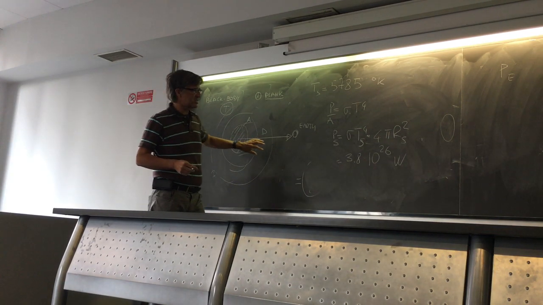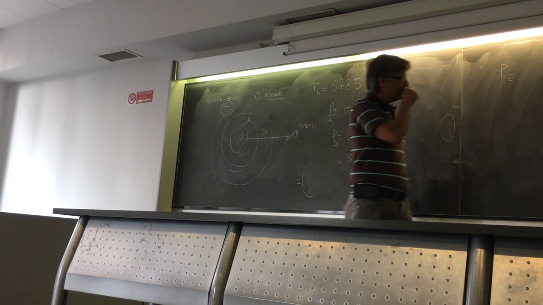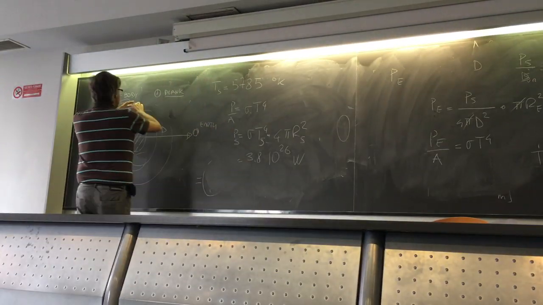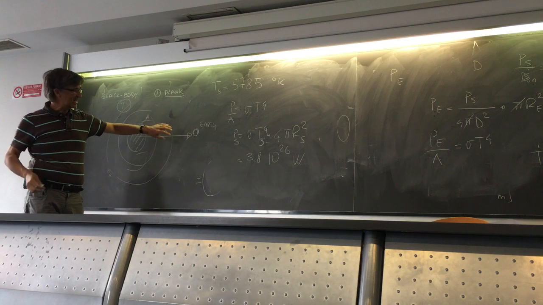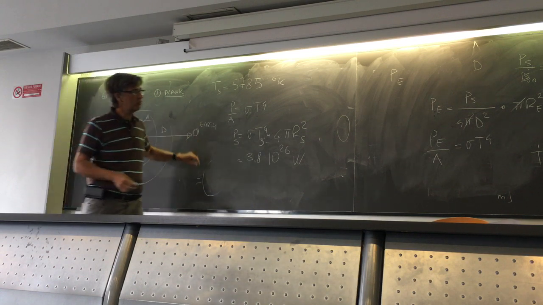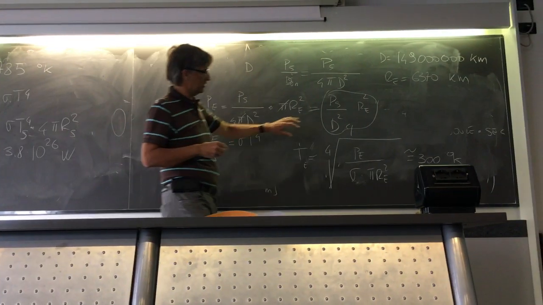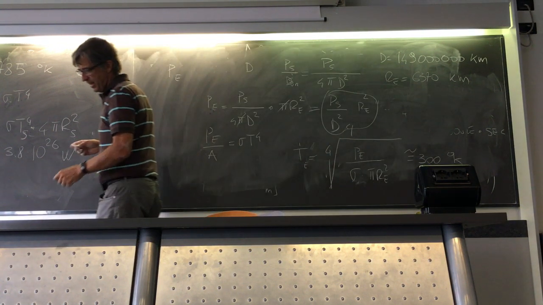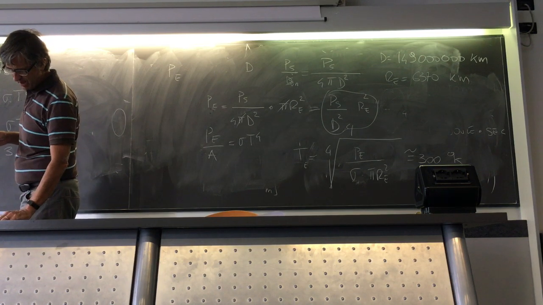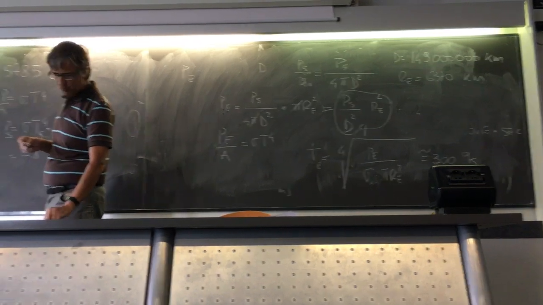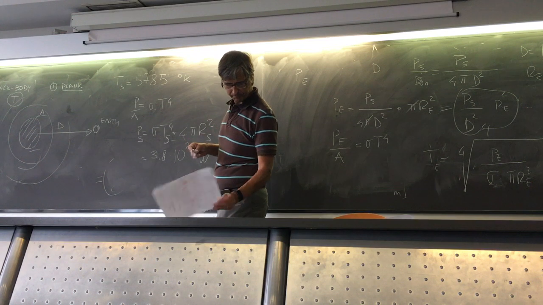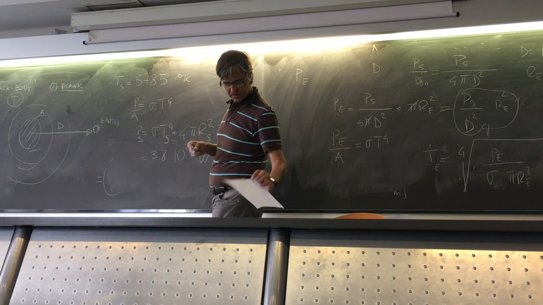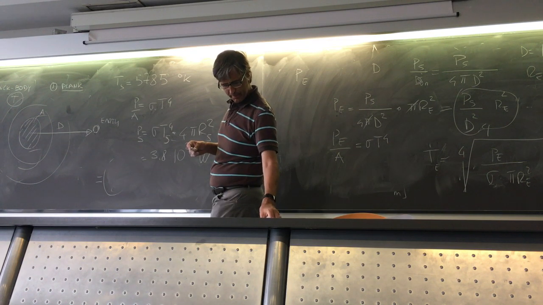Then, if this is the total radiation, we can compute the power of the Earth by dividing the power by the sphere at this distance, and then multiplying by the surface of the Earth. By the way, if we don't multiply by the surface of the Earth, we get a very interesting number, that is how much power we get per surface.